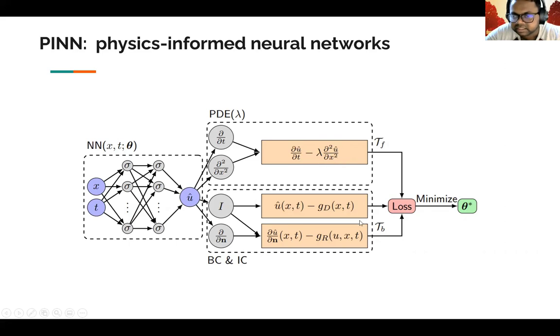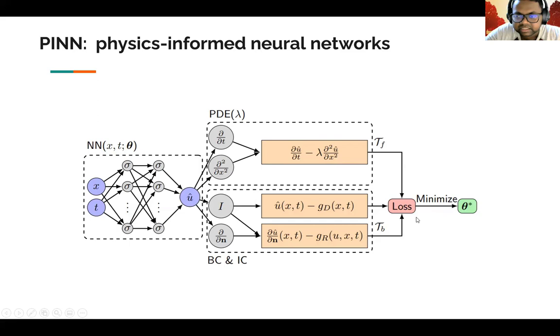And using these residuals, you can minimize the loss, which is a convex combination of all the different losses, which are the initial condition loss, the PDE loss and the boundary condition loss together. And you minimize that to get theta star, which is nothing but the optimal theta for minimum loss.